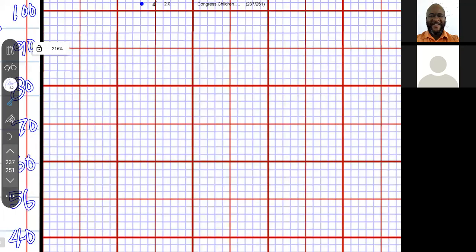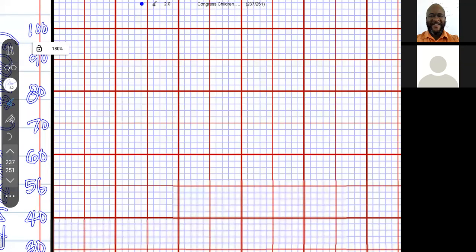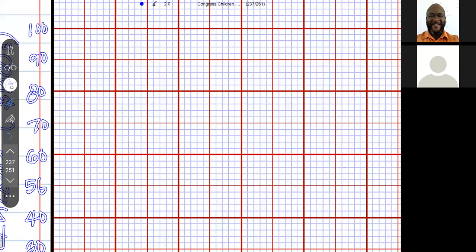Each of these minor divisions is actually $2,000. So we need 75. This is 70, 72, 74, 76. 75 is in the middle between 74 and 76.